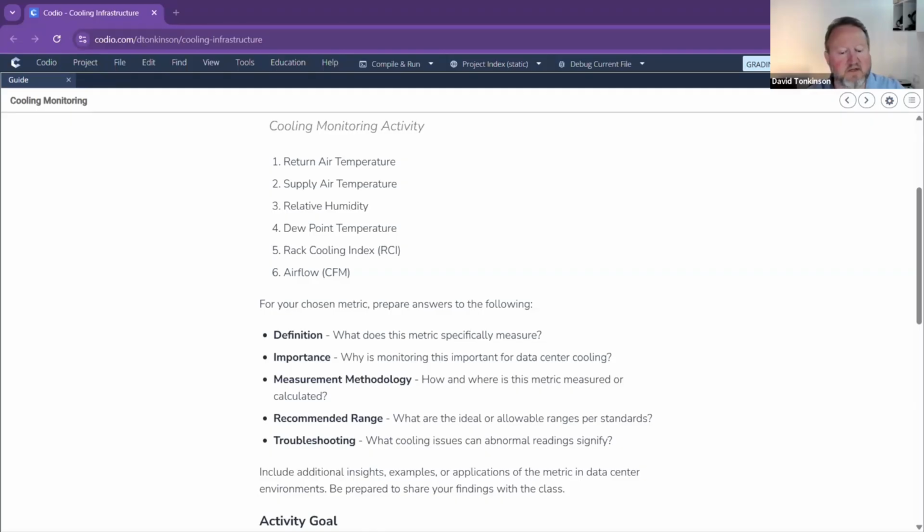So who wants to pick relative humidity? Feel free to smash it in. If I get more than one, that's great. I can read a couple out. Relative humidity. I think, Catherine, you picked that. Have you got anything for us, Catherine? You can be shy or you can post it up.